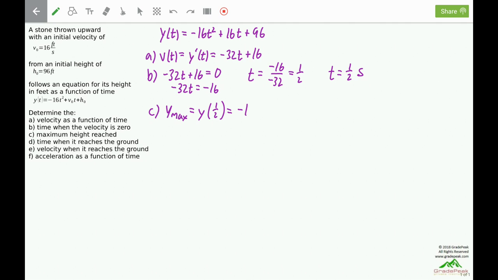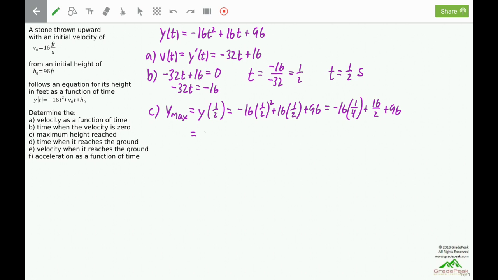So we have negative 16 times 1/2 squared plus 16 times 1/2 plus 96. We can square the 1, that's a 1. We can square the 2, that's a 4. We have this plus 16 times 1/2, which is 16 over 2, and then plus 96.